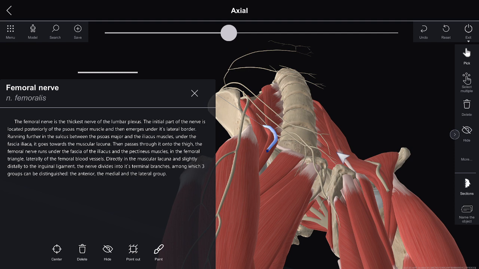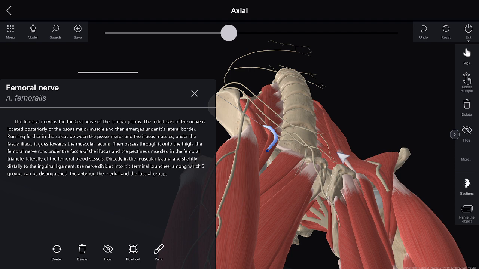Here it is. And after it branches into small fibers to each muscle of the anterior surface of the thigh. So nervus femoralis is here. It appears through lacuna musculorum.